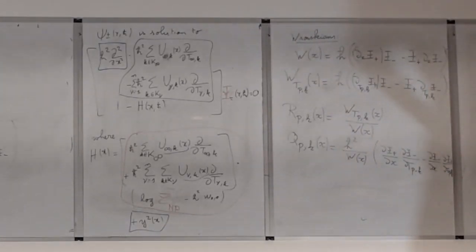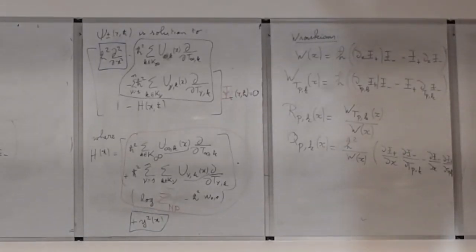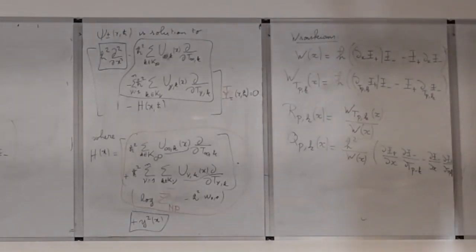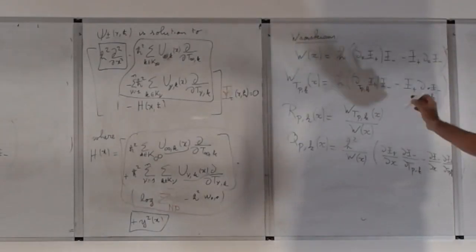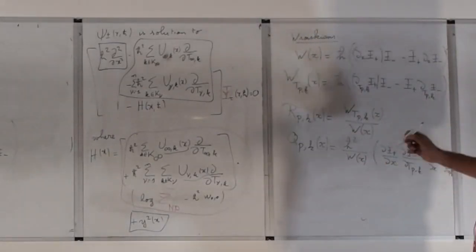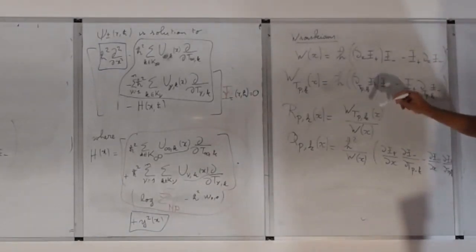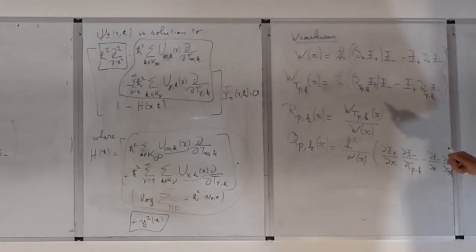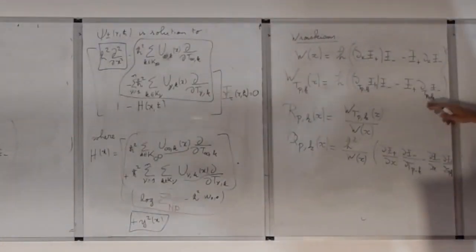No, definitely not. This is just a notation that I will use. I mean, this is quite trivial to do. For example, in this one, if you look at the time Wronskian, it involves this kind of derivatives.